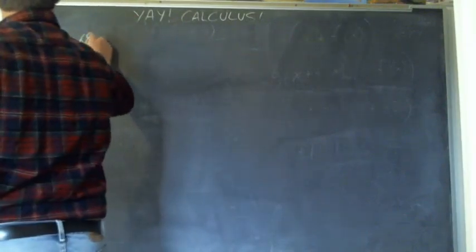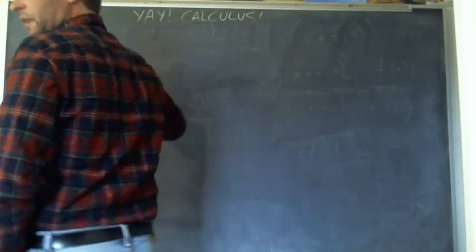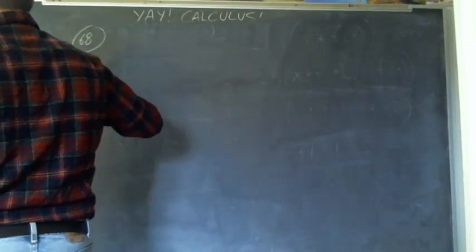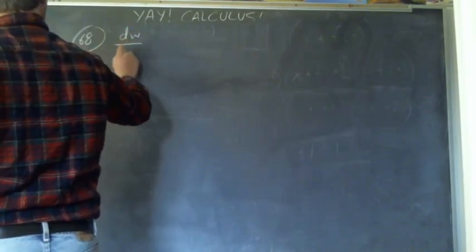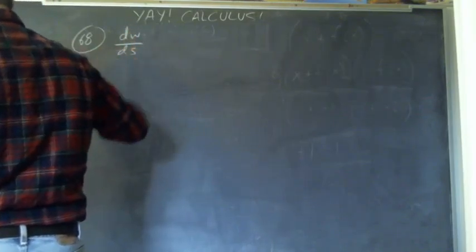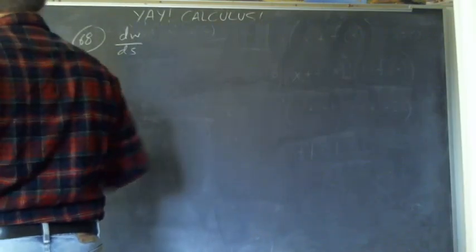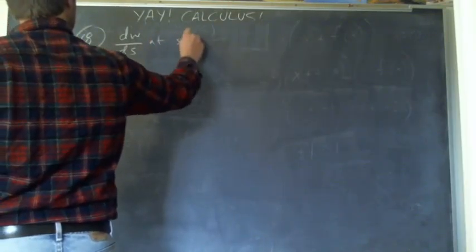All right. So 68. We are given in 68 that we're looking for dw/ds, the derivative of w with respect to s at s equals 0.